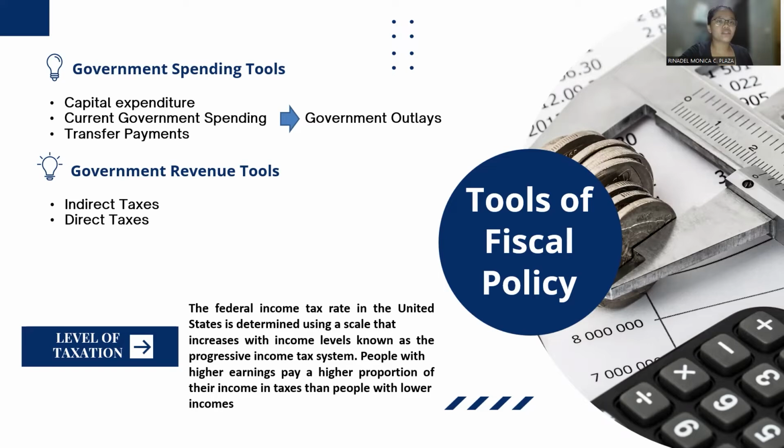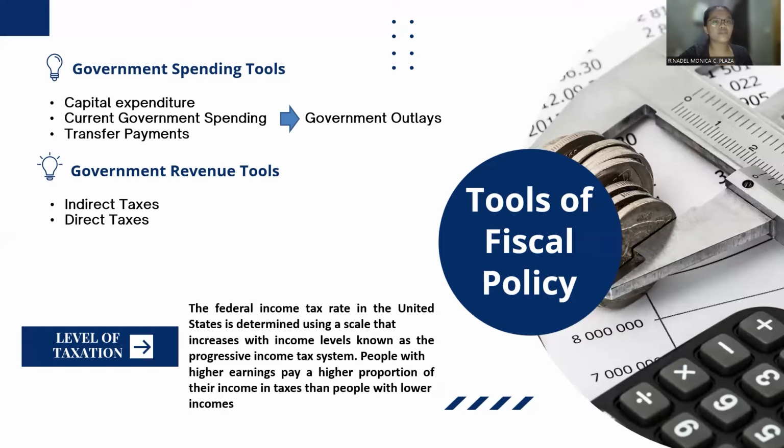The next spending is the current government spending. This comprises the products and services provided regularly, like the services in defense, health, and education sectors. This spending is intended to boost a country's labor productivity.